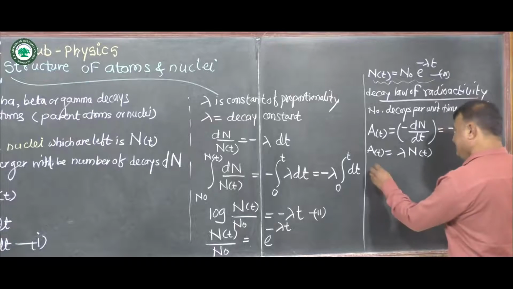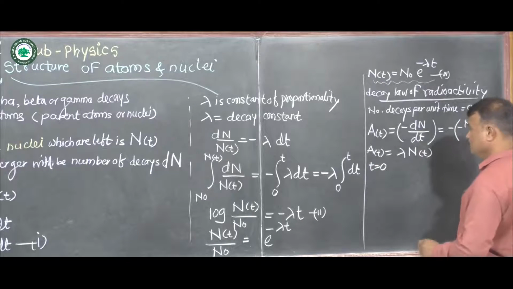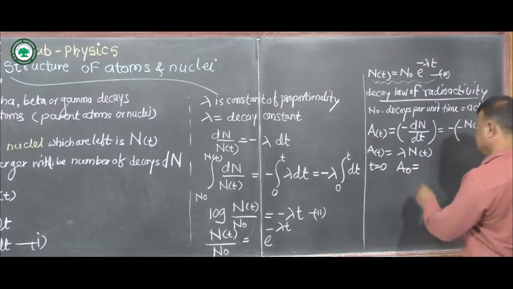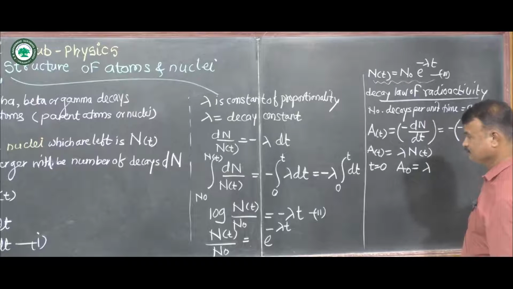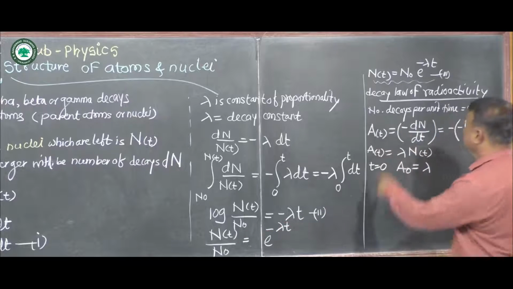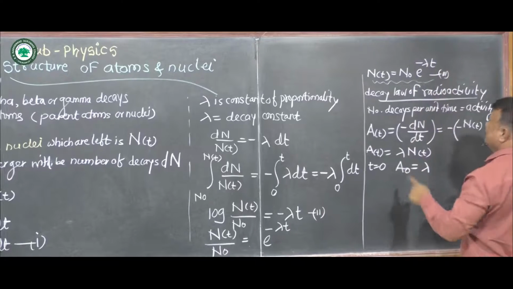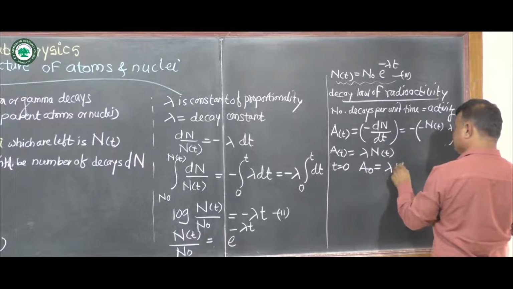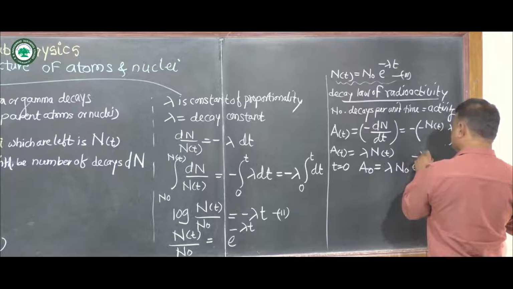Now at time t is equal to 0, this At will become A0. This is equal to lambda, and the value of Nt is, from this, Nt is equal to N0 into e raised to minus lambda into t. So we substitute this value of Nt, then we get N0 into e raised to minus lambda into t.